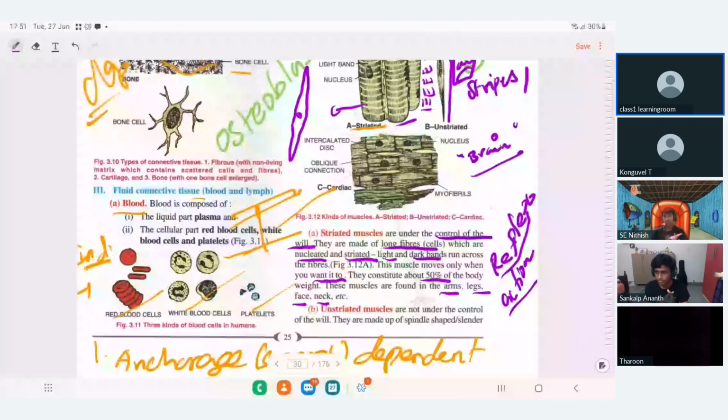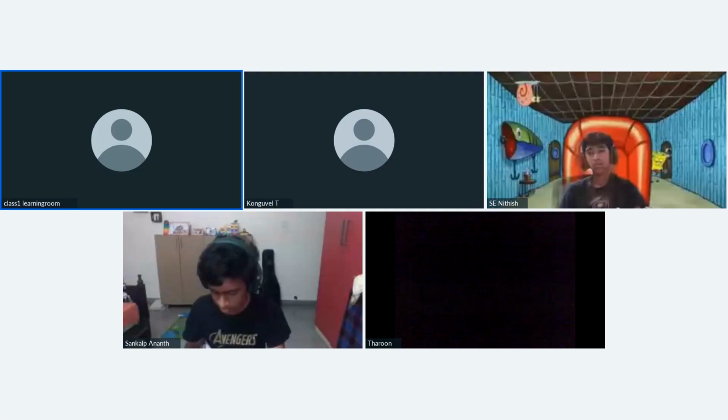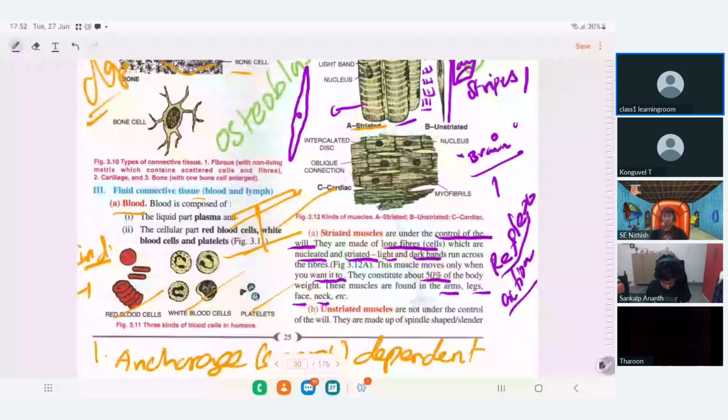Your hands and legs are made of striated muscle, under your will; you have to think, then only you can move. But in a reflex action, even before thinking, you take away your hand. Striated muscles can move faster than you think, especially in reflex action. Just keep that in mind.